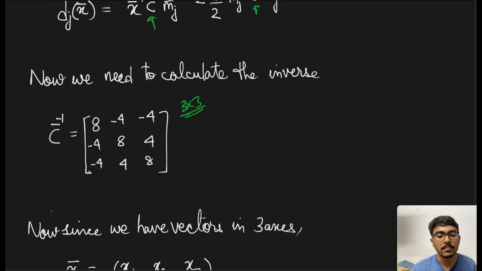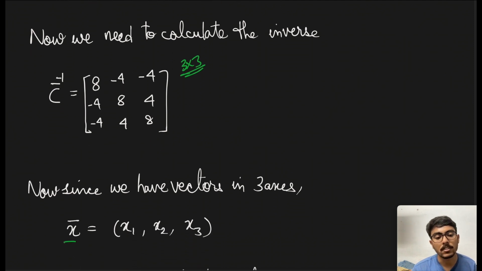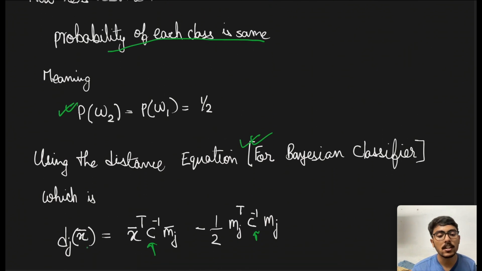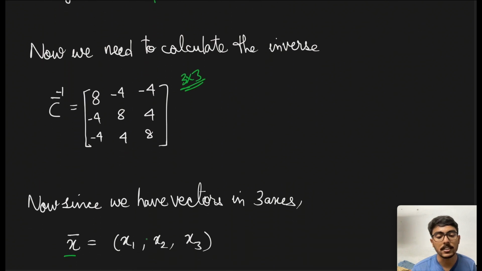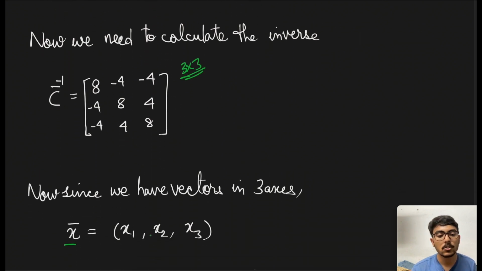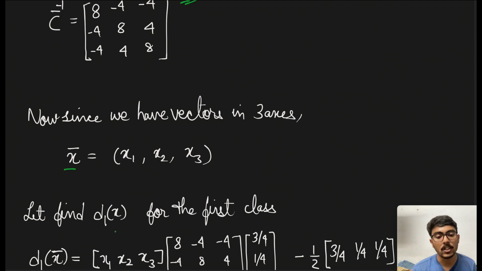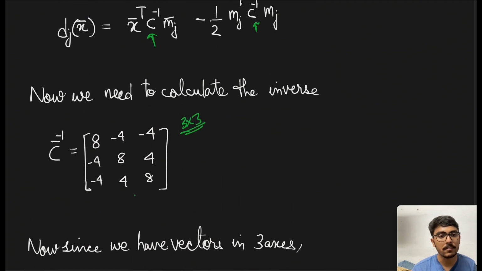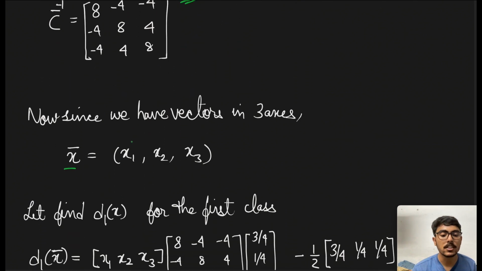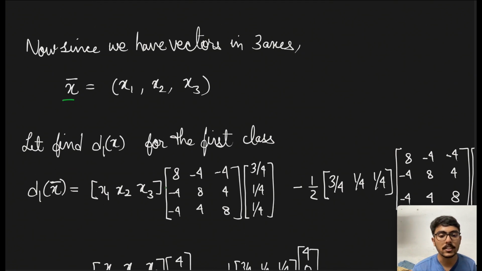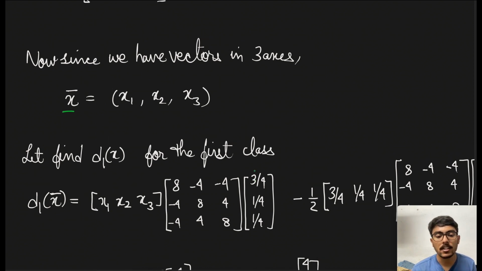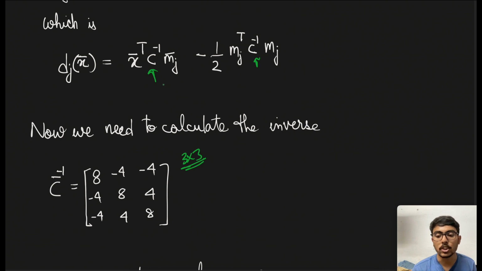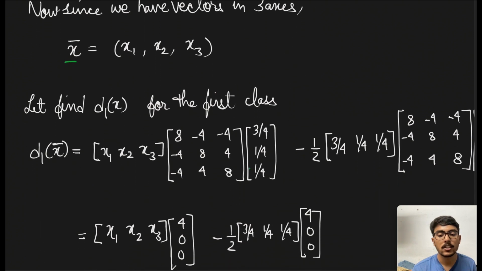Now since we have three x's, our x bar in the distance formula will also contain three variables, right? x1, x2 and x3. So in that case, let's first find out what is d1x for the first class. Just using the formula which I have mentioned here, we calculate x1, x2, x3 into C inverse and then m1, that is mj, right?